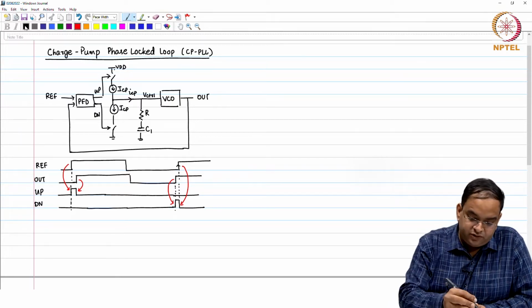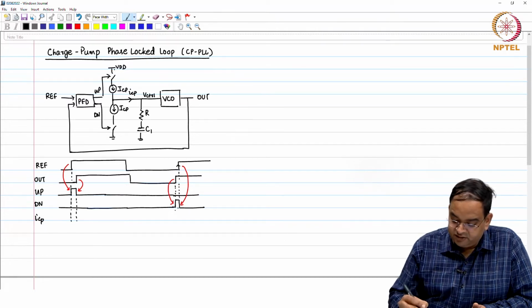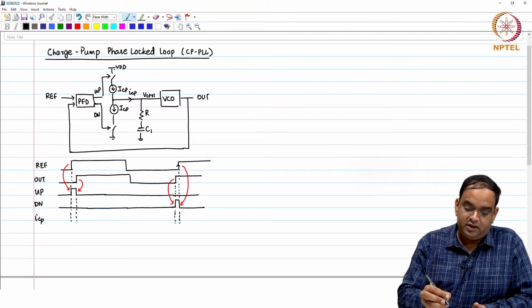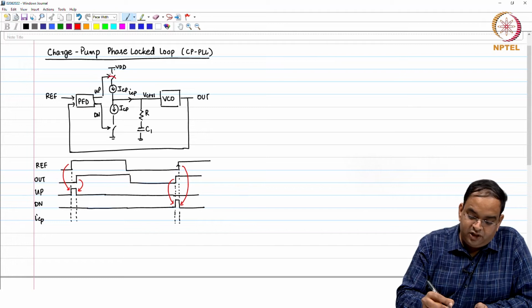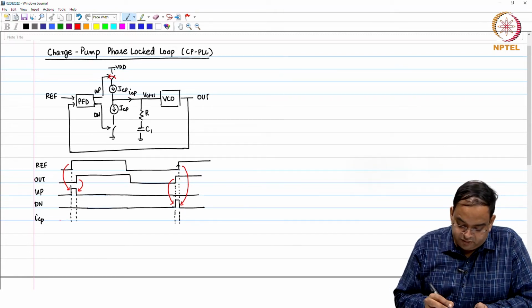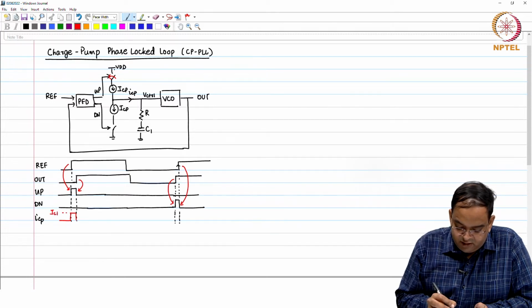In response to these reference and out pulses, we have ICP, and the small ICP current should be equal to our capital ICP current. When your up pulse goes high, you close the switch and ICP flows here. So, you have ICP current flowing in the given direction. The current value is capital ICP.